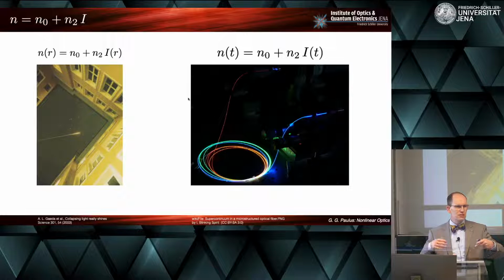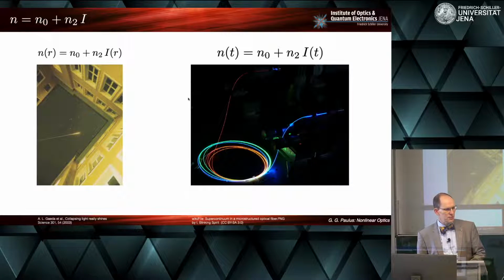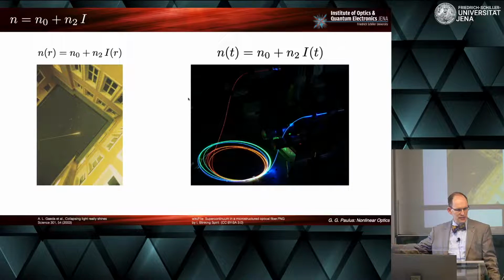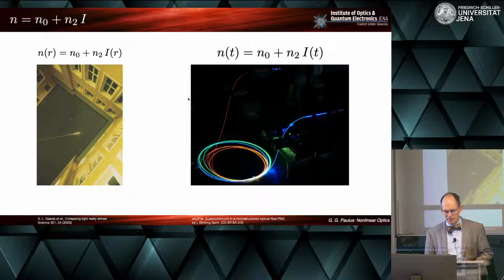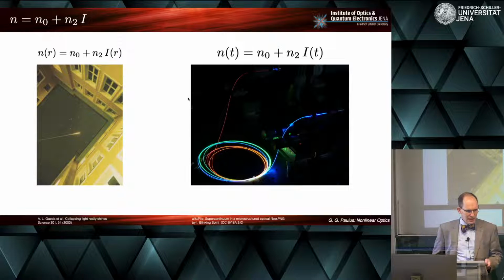Yeah, and if you look with a spectrometer at the spectrum, then you see all the colors of the rainbow and more, right? So it goes into the infrared on the left-hand side to the ultraviolet, only limited by the transmission of the fiber. Yeah, spectacular effects and also very important effects.